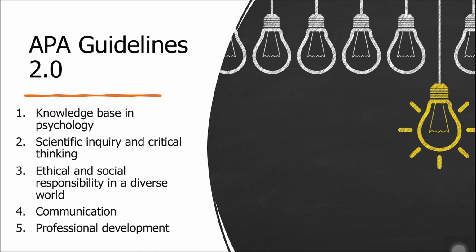Communication, and this one tends to be frustrating for some because a lot of faculty may not want to have ways for students to practice communication, but this is vital to students coming out of a psychology major having these skills.